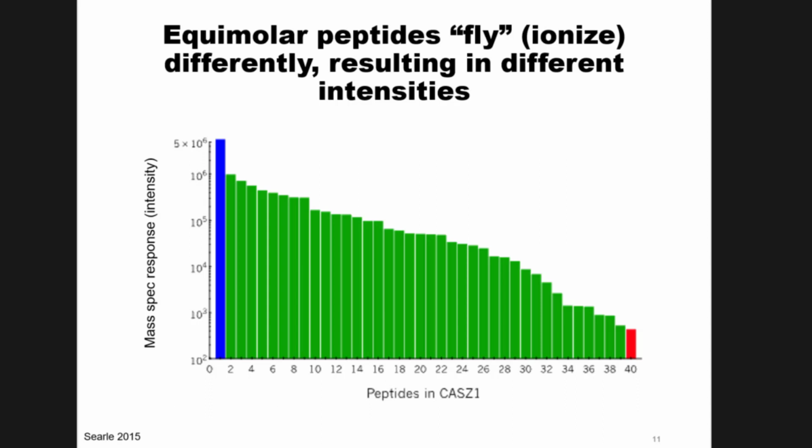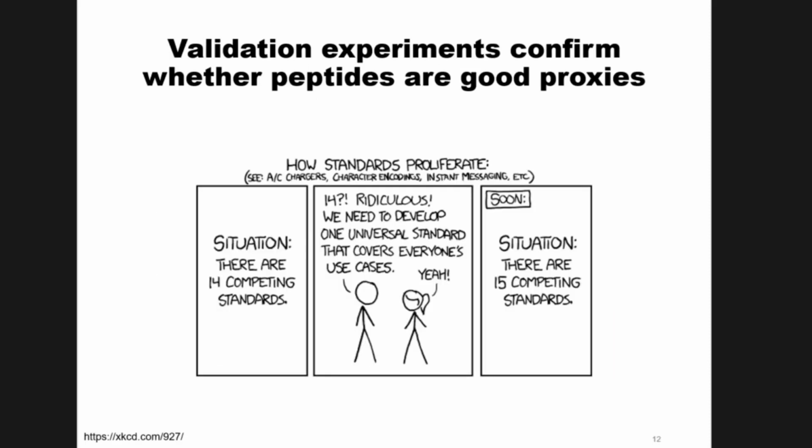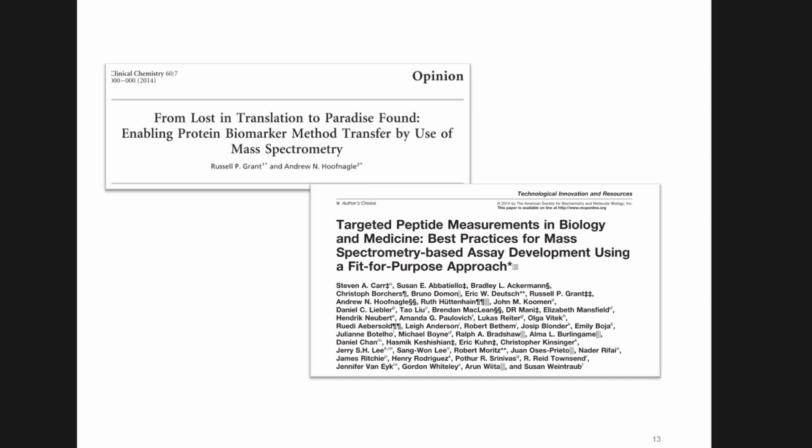So even if we were to control for lysis, denaturation and digestion, different peptides are going to fly better or worse. So what do you do to pick which peptide is going to be the best proxy for a protein? The answer is it depends who you ask. There are a lot of guidelines, and it's whatever fits your experiment best.